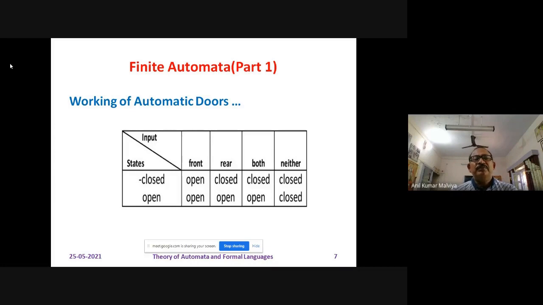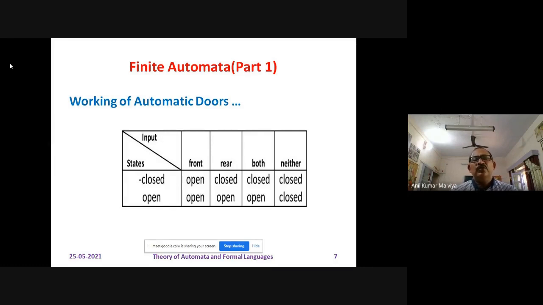Next, the rules of movements, which we can call the transition function. The rules are represented by the transition function. You can also take an initial state, and also a final state. Suppose you take closed as the initial state and open as the final state. In this case we can represent the entire automatic door system with the help of a 5-tuple.